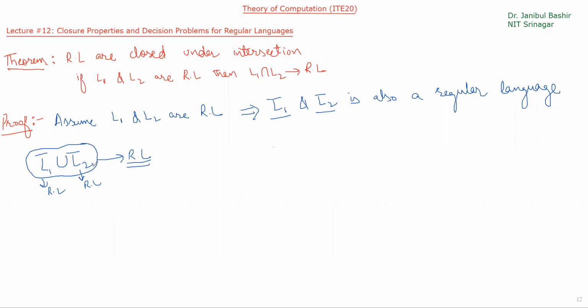So if this is a regular language, then its complement is also a regular language. Why? Because regular languages are closed under complement. So let's write the complement of this.